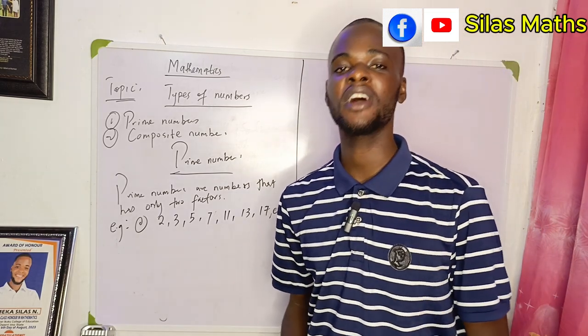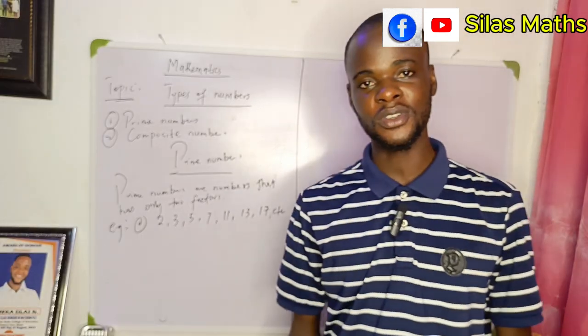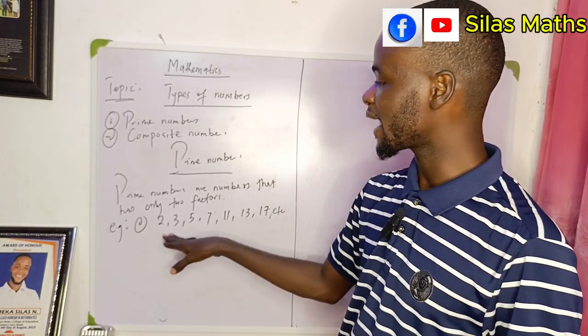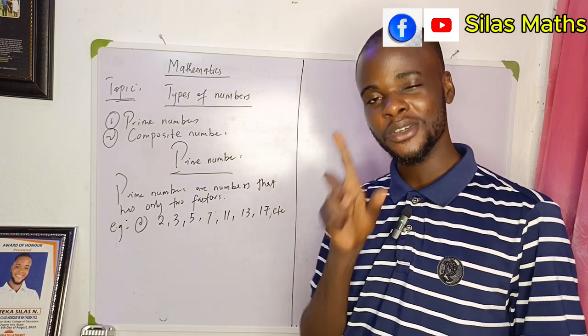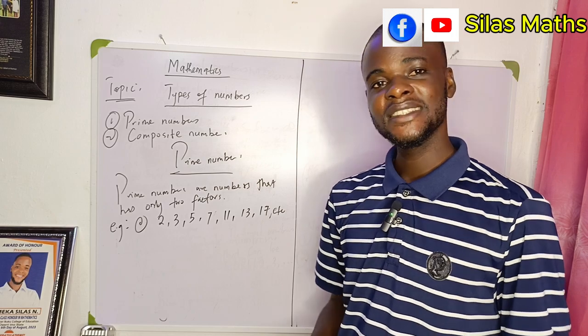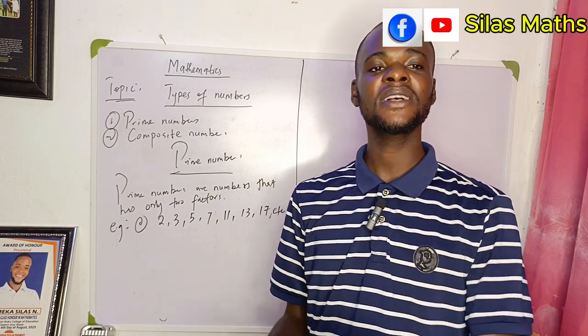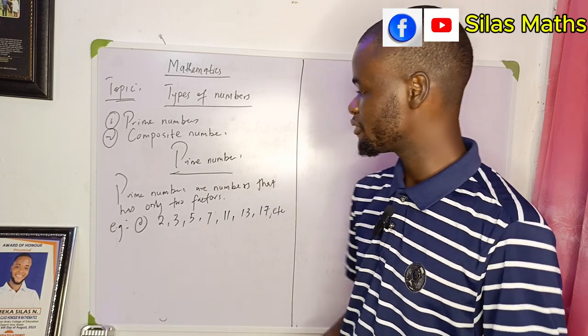What do I mean by two factors? We are going to learn factors in time to come, but factors of a number are the possible numbers that can divide a particular number without a remainder. For example, 2.